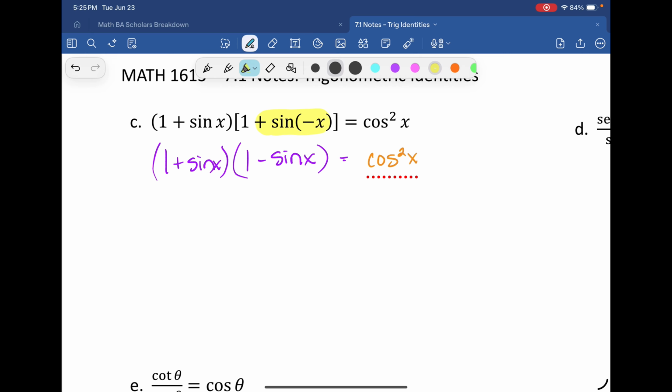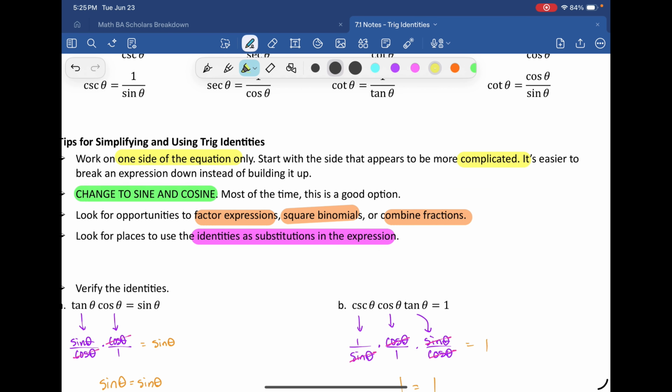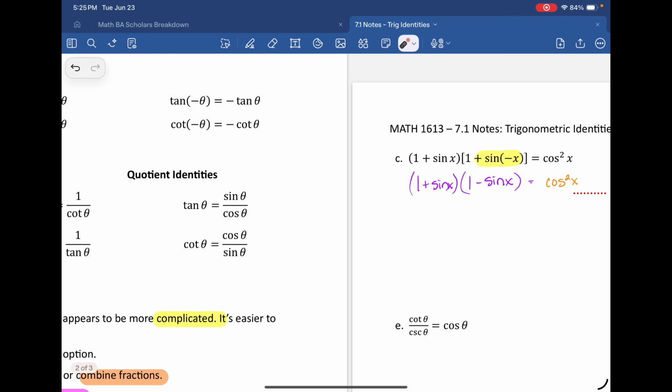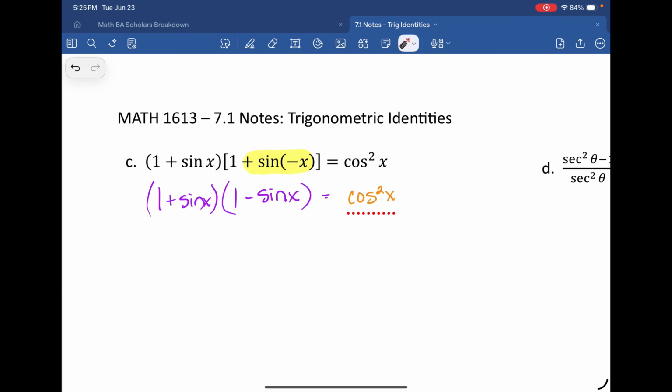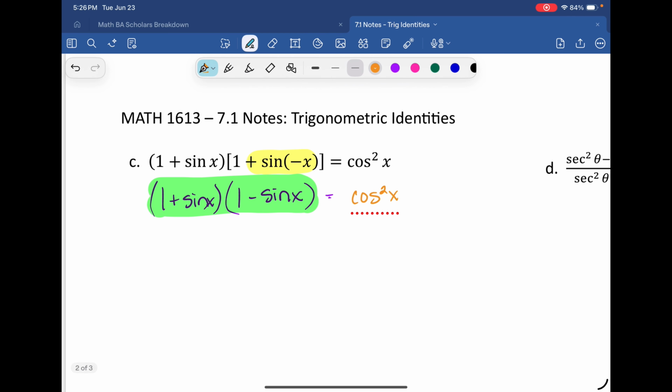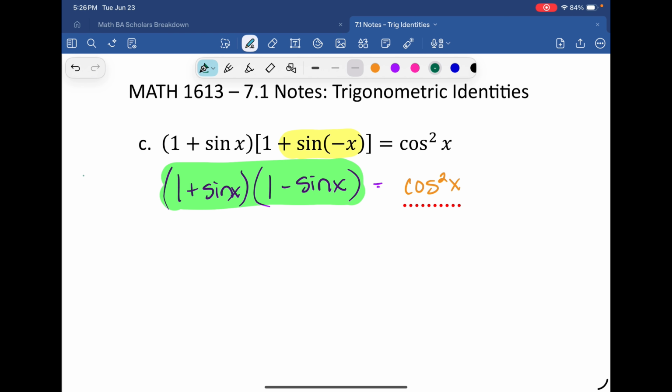The next thing is looking for factoring, squaring binomials, other things like that, the algebra. These are a difference of squares, when you multiply conjugates together.